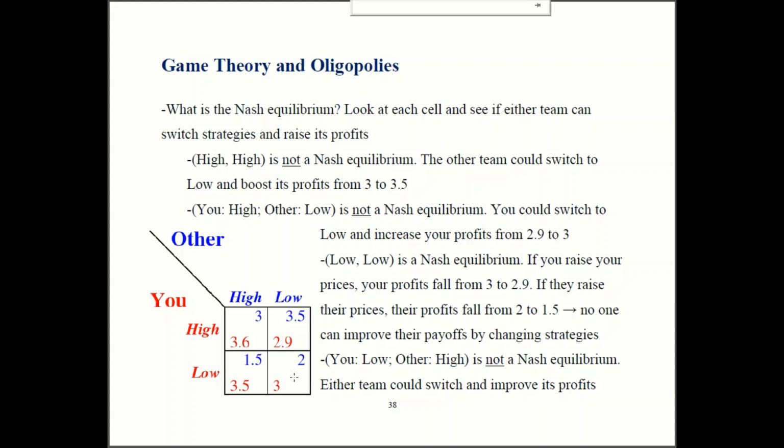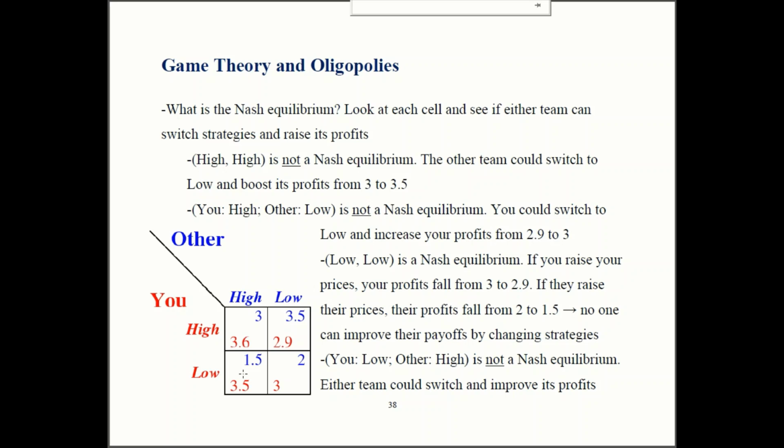Very last case, what if you pick a low price and they pick a high price? So you play low, they play high. That's in this cell over here. That is also unstable. If you keep playing low, they could raise their profits by switching to low as well, going from 1.5 to 2.